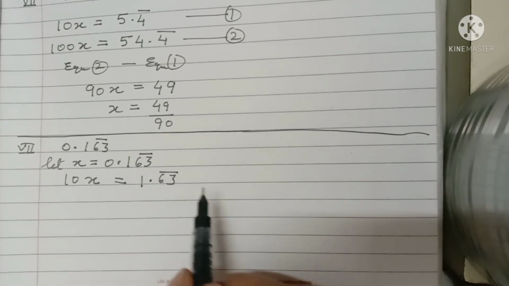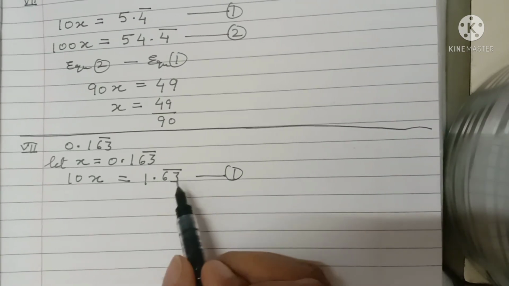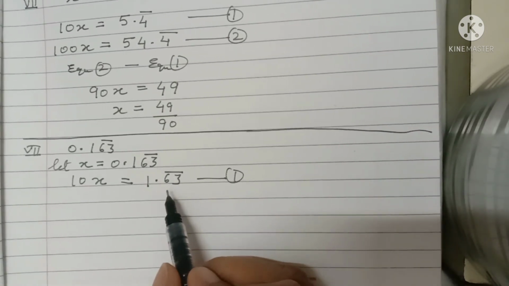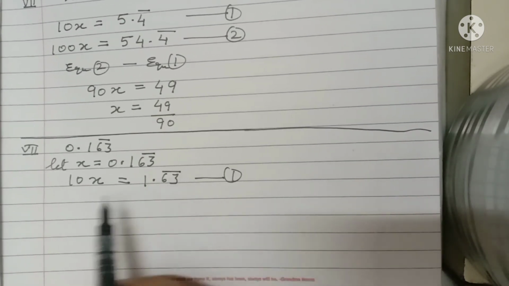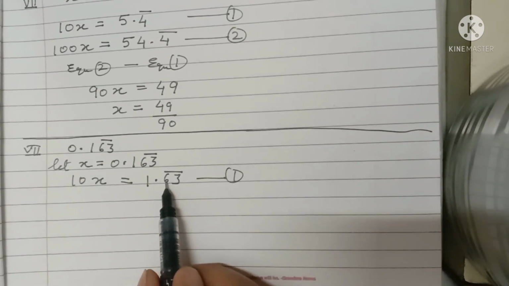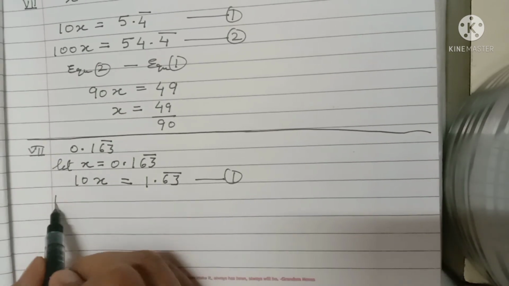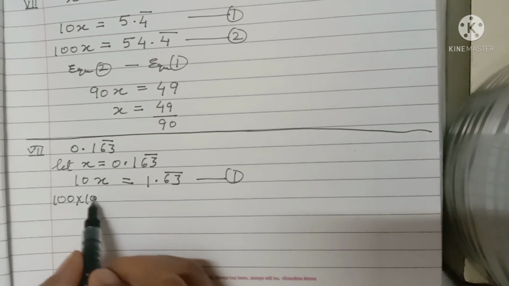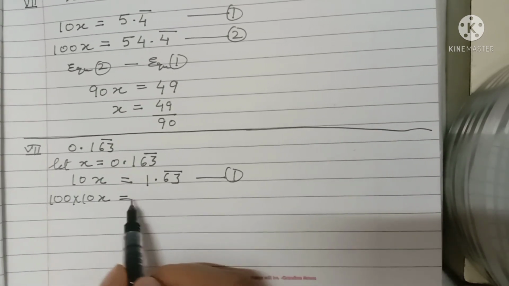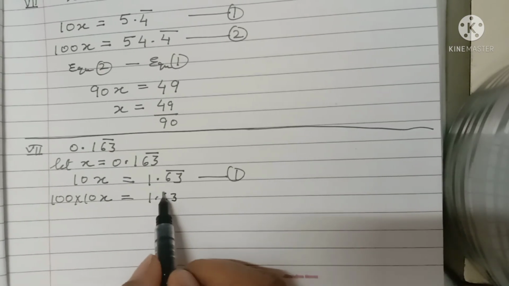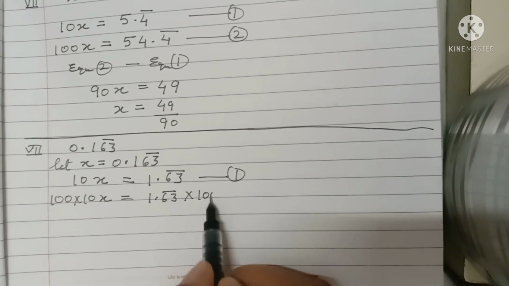Now this becomes equation first. We get equation second by multiplying by 100 on both sides, because only two digits have the bar, so you will multiply by 100. So this becomes 100 into 10x, equal to 1.63 bar into 100.